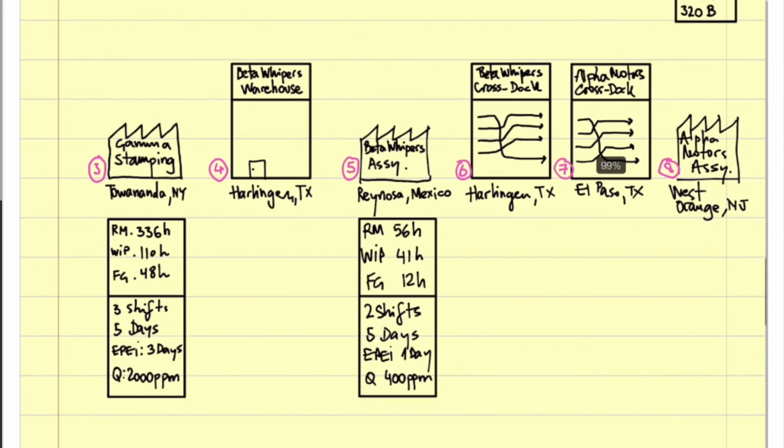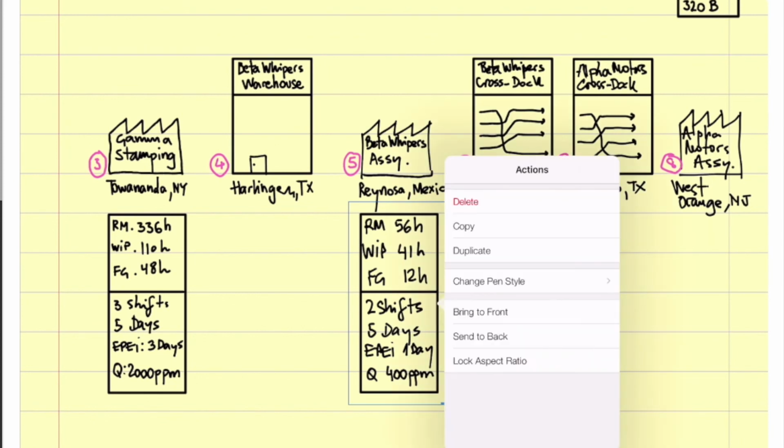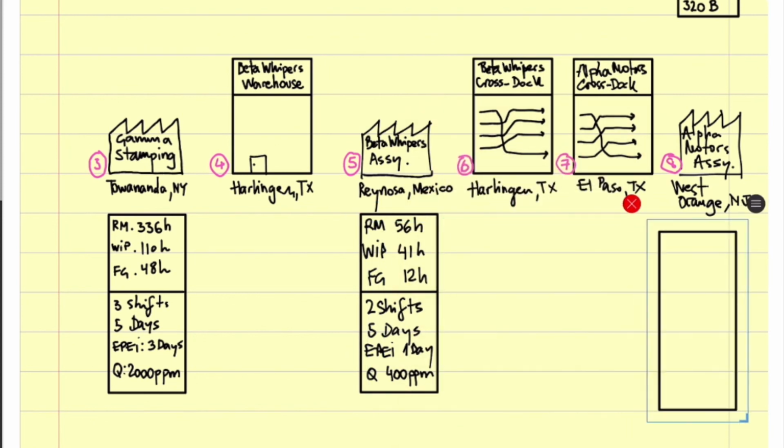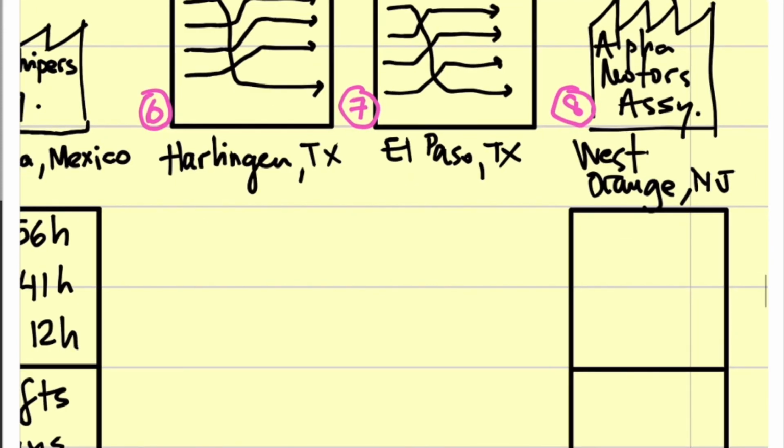And the last step today, we map the Alpha Motors. We have raw materials of 50 hours, WIP of 2 hours, finished goods of 14 hours.